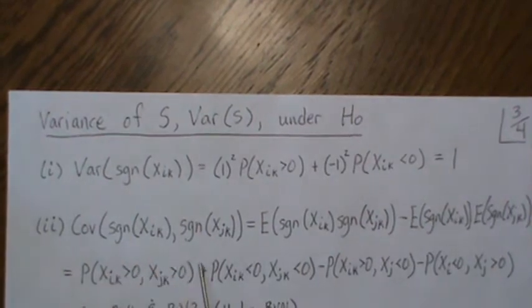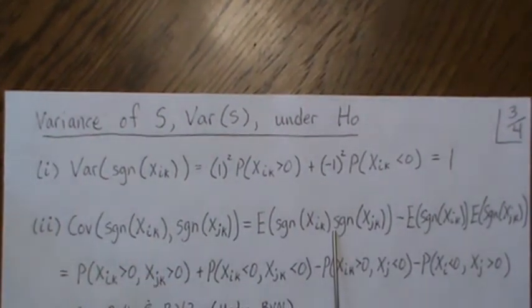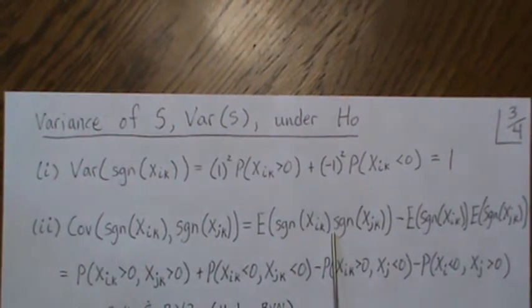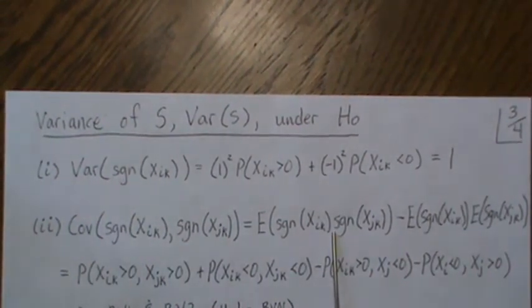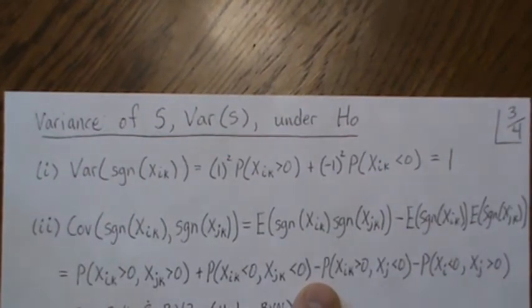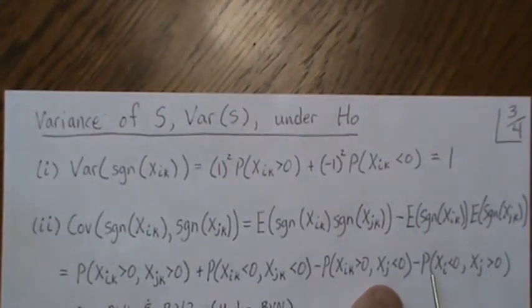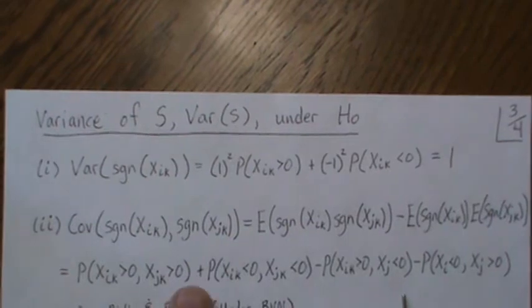So it's 1 times this. It could be 0, but 0 times anything is 0, so I'm not even going to do that case. Or it could be -1. So -1 times the probability of us being -1. It can only be -1 if one is positive and the other is negative, or negative and then positive.